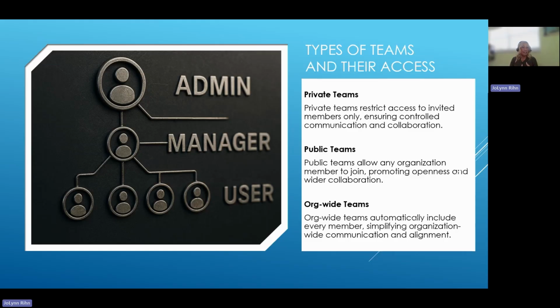We can have public teams and private teams. Public teams are accessible by everybody, but they're not going to automatically show up in their list of teams. They would have to search for it and add it. But most common, 99% of them, are actually going to be private teams where we invite who we want to be a part of the team.